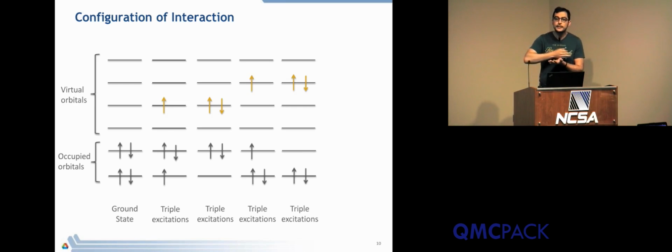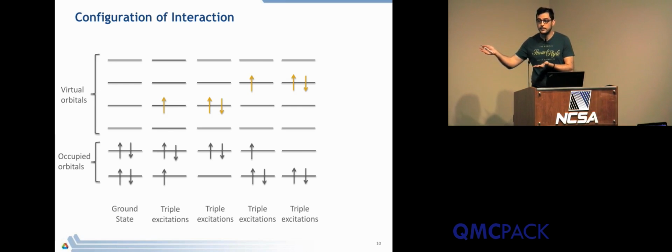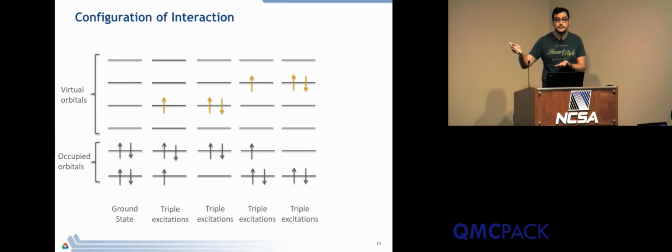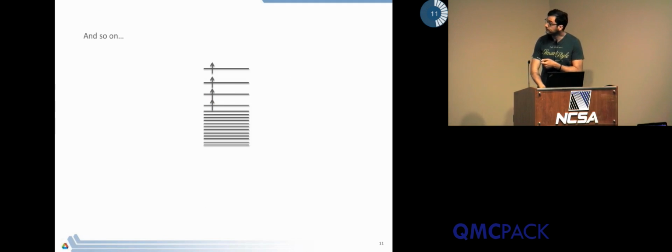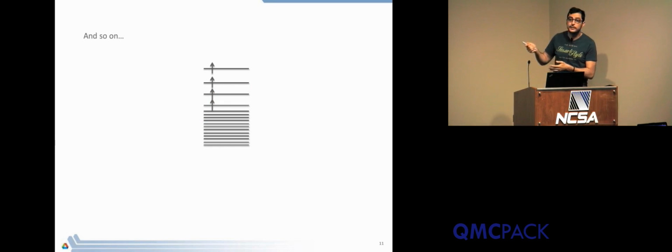But do you really need the infinite space? Probably not, because you're just going to start adding smaller and smaller values. So at some point, you will even end up with something like this, where you have all the lower orbitals completely depopulated, and you'll have this.